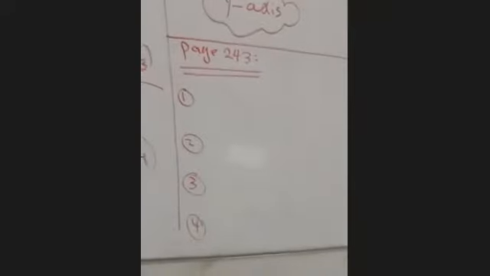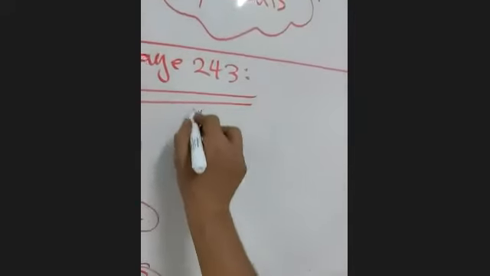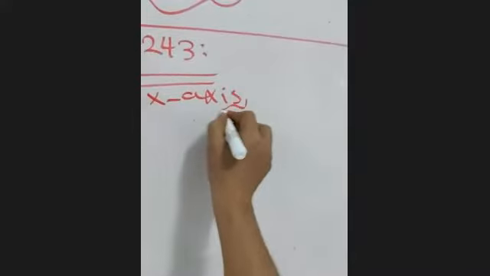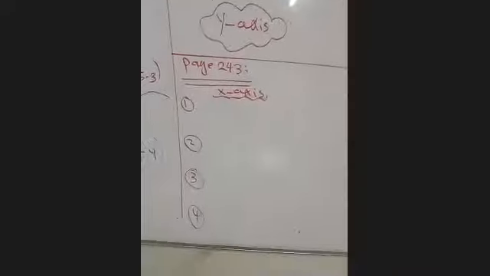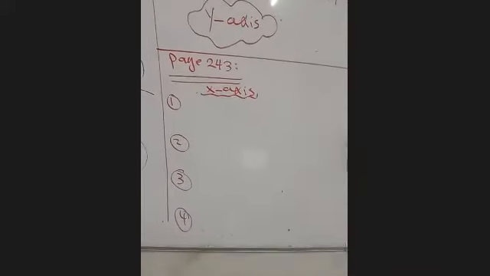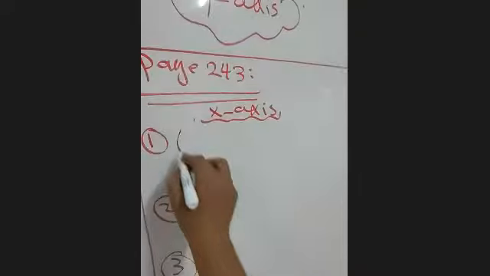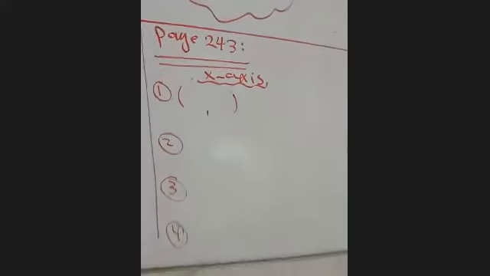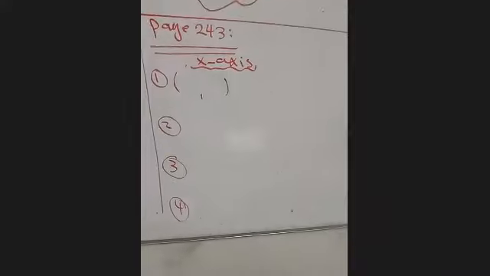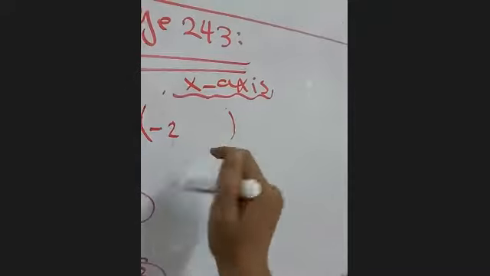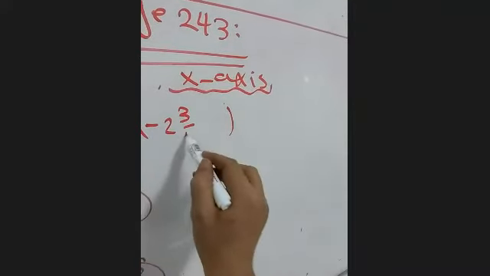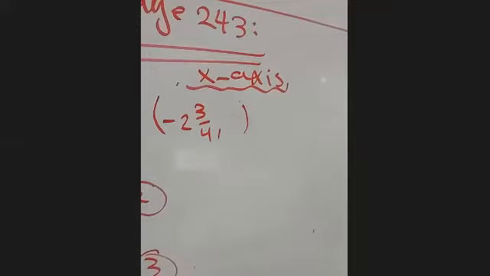What's the question 1 point? The question wants a reflection across the x-axis, okay? Tamim, question 1. What do we have in 1? We have a bracket, negative 2 and 3 over 4, comma, and 1.